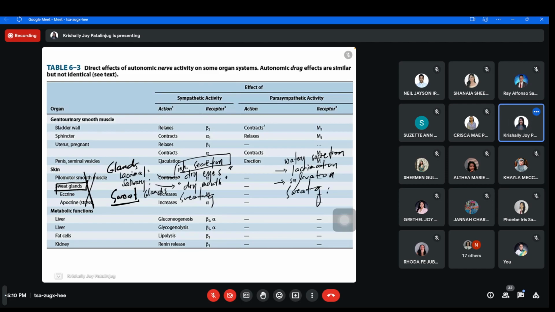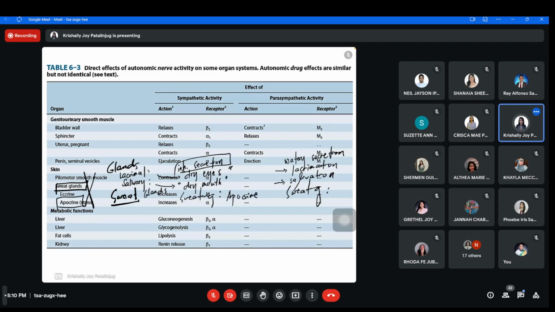Okay? Ang pagkakaiba lang nila is that they differ on what particular sweat gland being mediated by sympathetic versus that of parasympathetic. Tandaan nga kapag sympathetic, we have the apocrine. Ito yung spelling. Apocrine.